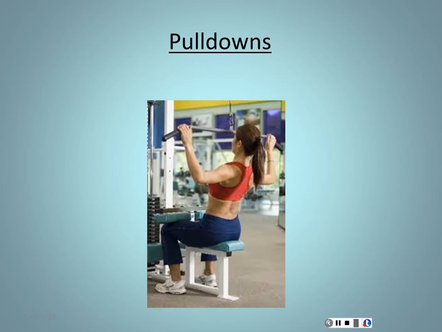You have to pull from a flexed position into an extended position like this, right? So your shoulder has to go into extension. So if you're doing a lat pull down, you should be in a little bit of extension in your spine, and then pull down this way to your sternum. So a lat pull down exercise, and you can see she's actually in that position here, leaning back.